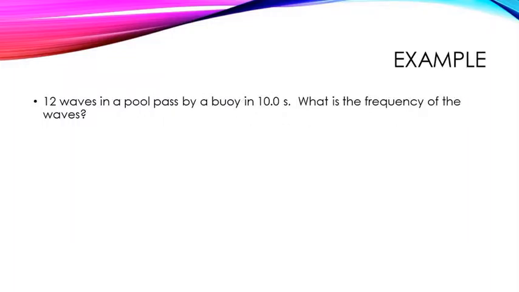So here's an example. 12 waves in a pool pass a buoy in 10 seconds. What is the frequency of the waves? We're going to set this one up the same way we always have set up these kinds of questions. We'll write down our formula: f equals number of cycles over change in time.